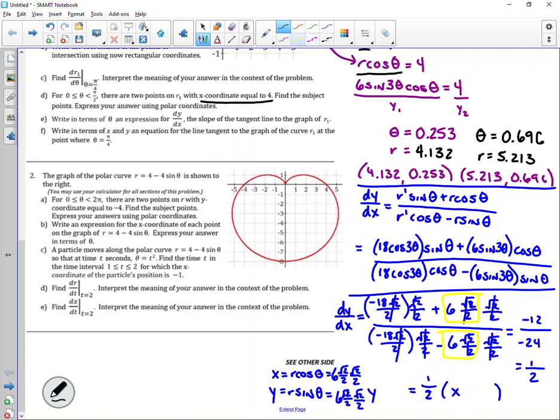Root 2 times root 2 is 2, 2 times 6, 12 over 4. It's 3, and 3. Such a nice answer for all this ugly work that we did.